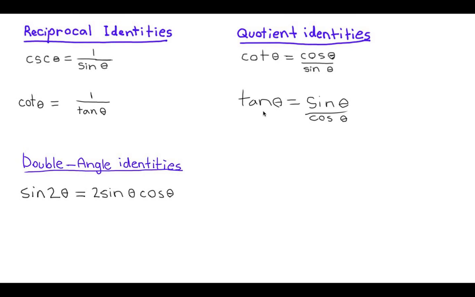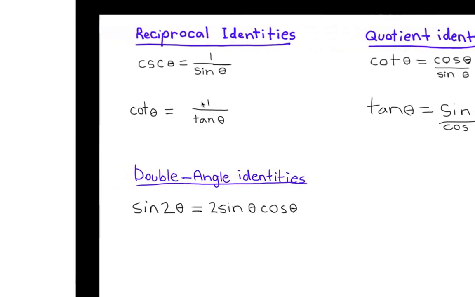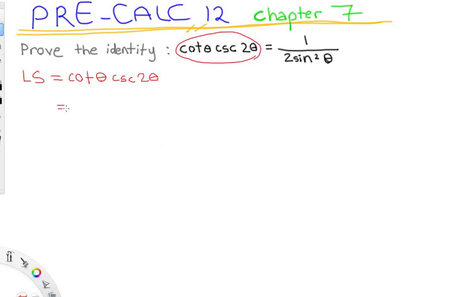You might remember that tan theta is equal to sine theta over cos theta, and since cot is 1 over tan theta, we just flip this identity to give us this one for cot. So cot theta equals cos theta over sine theta.